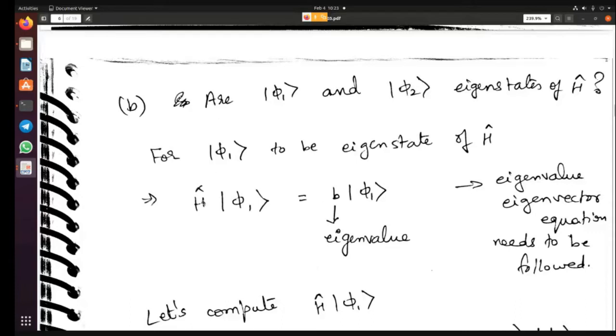If you apply the H operator on some state phi 1, is it going to be an eigenvalue-eigenvector equation? You should get some constant times the vector itself. That will satisfy the condition that phi 1 and phi 2 are eigenstates of H.